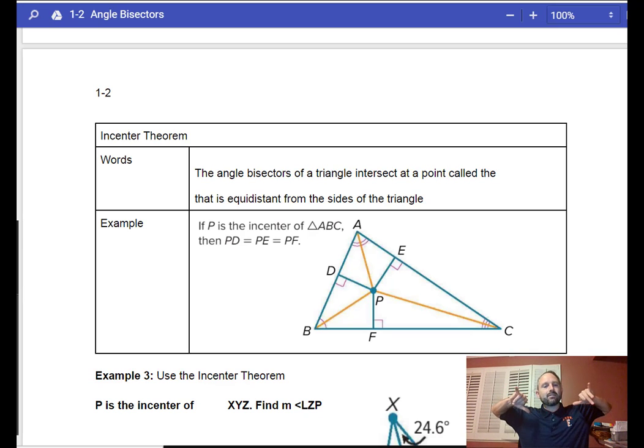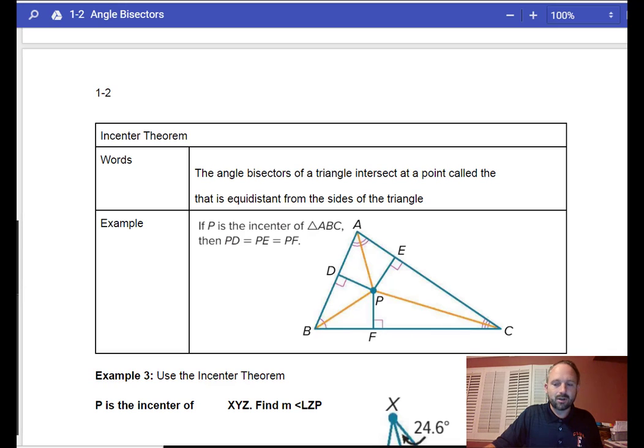Bisect the angles and they meet at a point. At that point, you can draw a circle in the center, and that would be touching each of the sides. This is what would be called the in-center. So if P is the in-center of triangle ABC, then PD equals PE is equal to PF.